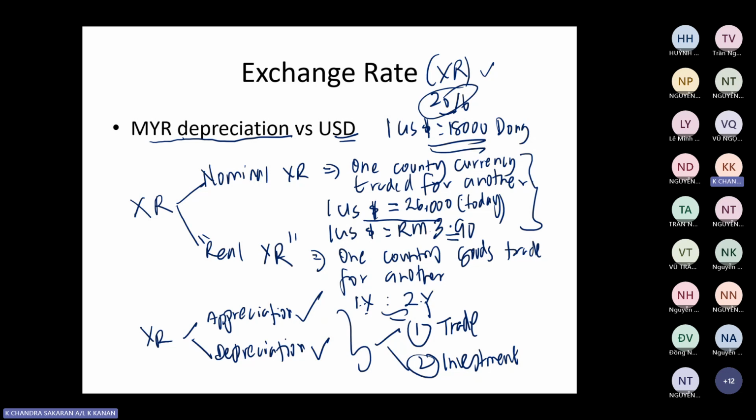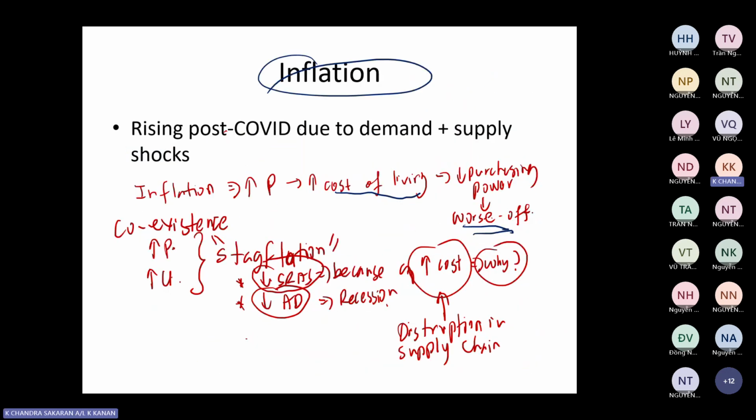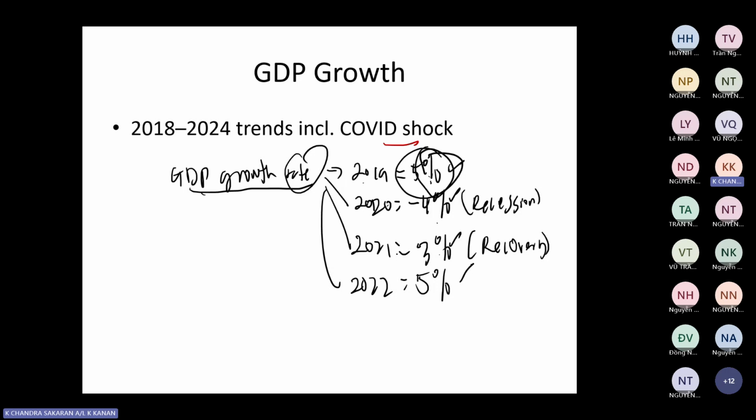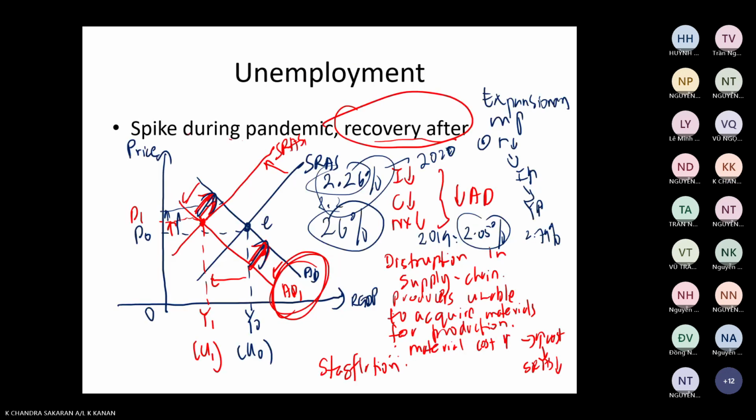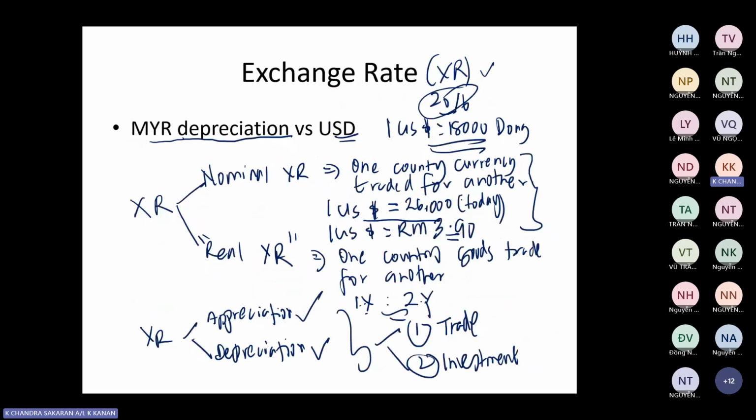So these are data. What I'm telling you is all the macroeconomic variables data that you have to have in order for you to explain. So what are the data again? You must have GDP growth rate data, CPI or inflation rate data, unemployment rate data, exchange rate data. These are all the data. You look over the time period at what happens, and then you relate it to the policy.